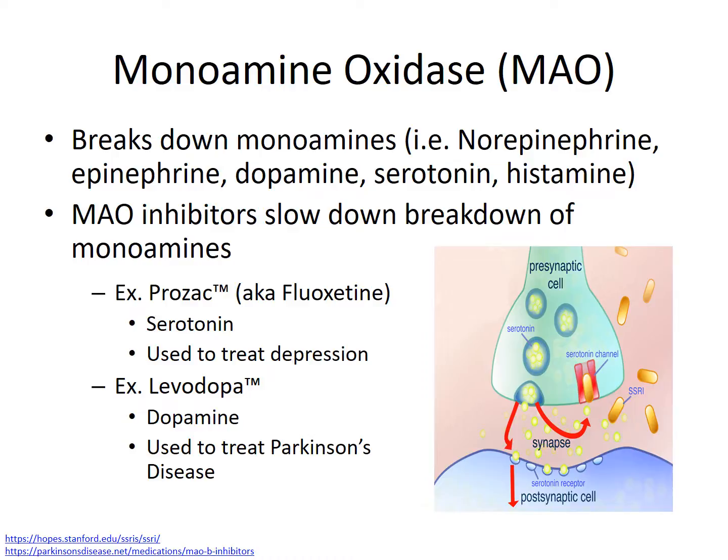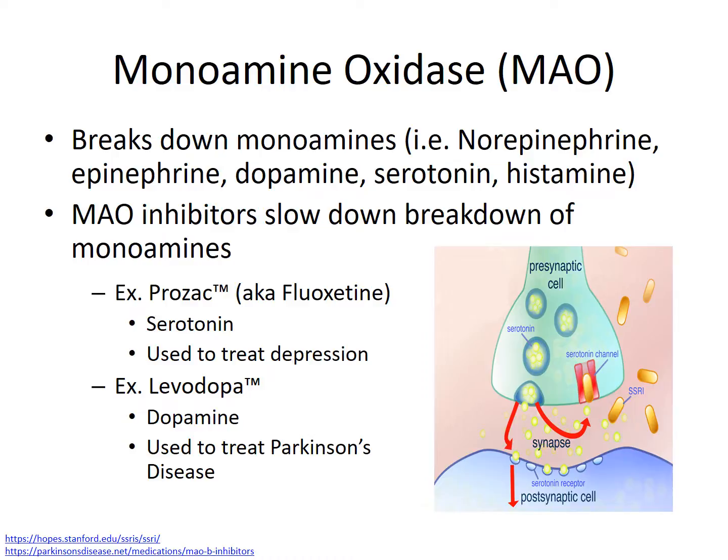Monoamine oxidase is an enzyme that breaks down monoamines. And if you remember from chapter 12 when we talked about neurotransmitters, monoamines are a class of neurotransmitters. So this monoamine oxidase breaks down neurotransmitters like norepinephrine, epinephrine, dopamine, serotonin, and histamine.